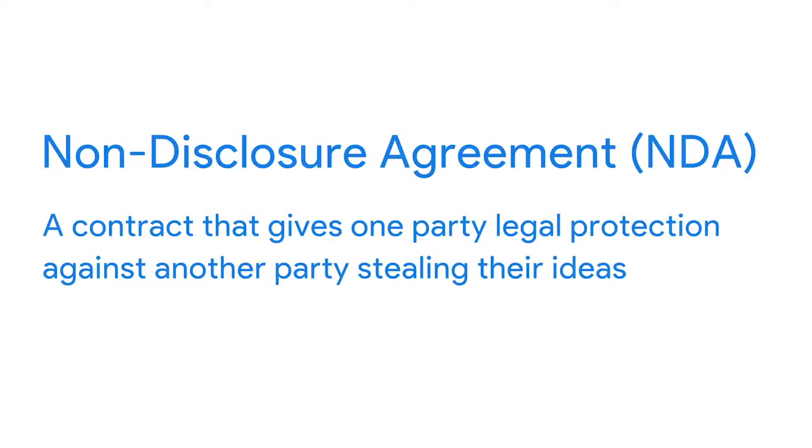The second tool helps protect your own data and your company's data. This is called a non-disclosure agreement, or an NDA. A non-disclosure agreement is a contract that gives one party legal protection against another party stealing their ideas. When you have your research participants test out a new product or new feature, you're letting them experience something before it's public.